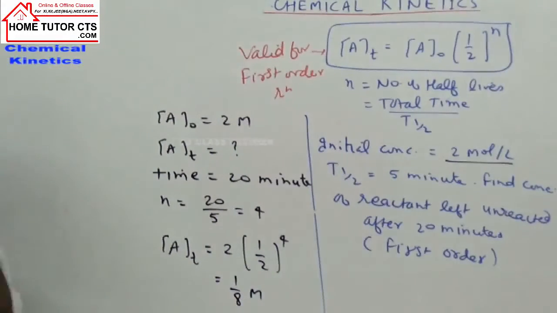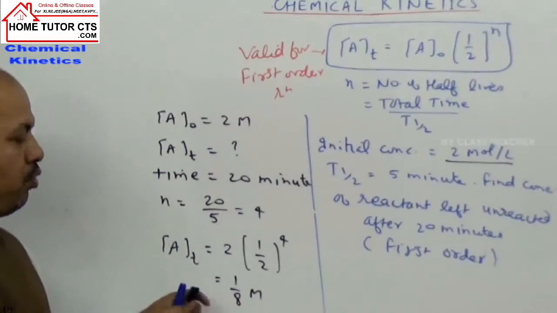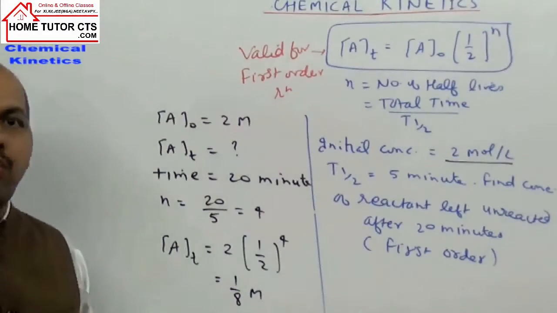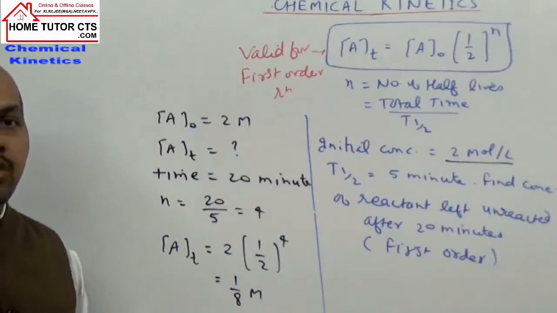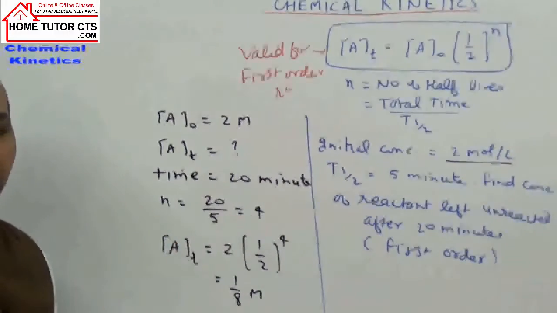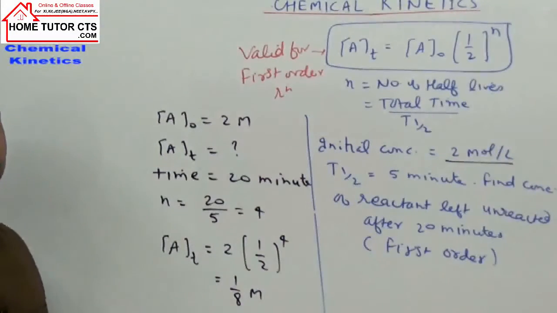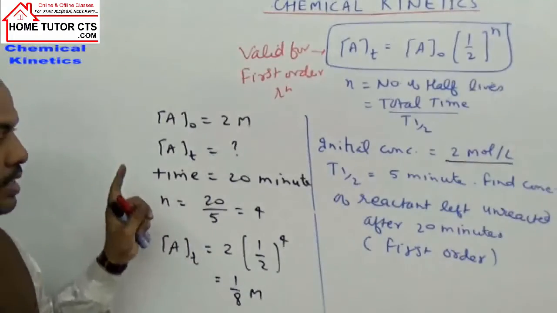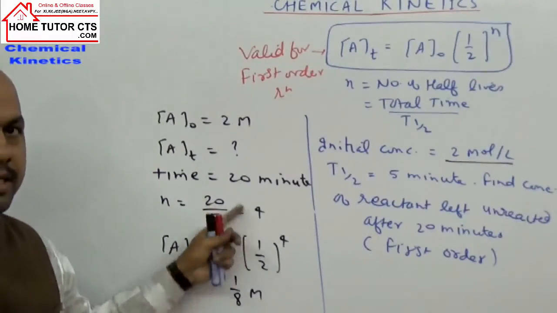So the concentration remaining of the reactant becomes 1 by 8 molar, or you can write 0.125 moles per liter in the given time, which is equal to 4 half-lives. That is how we can approach such questions, especially when the time or n given is a whole number. That is simple to calculate.